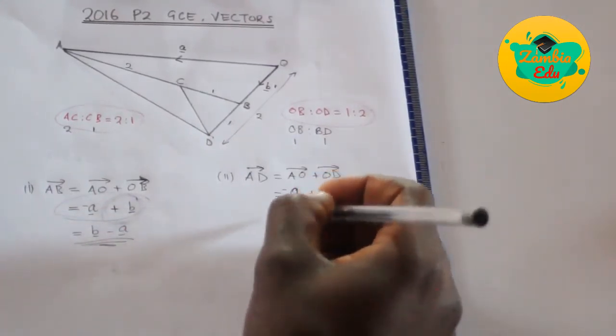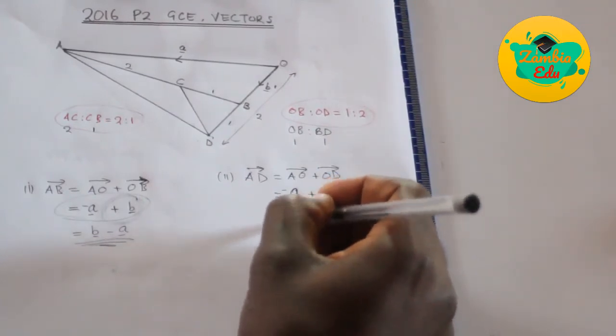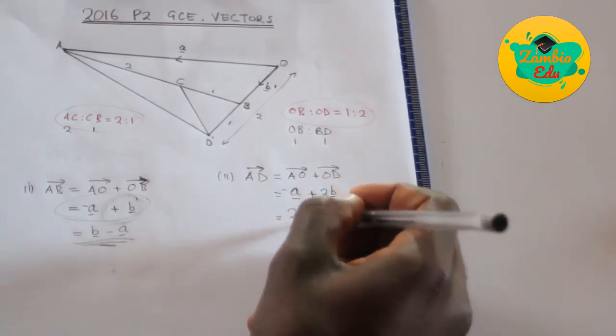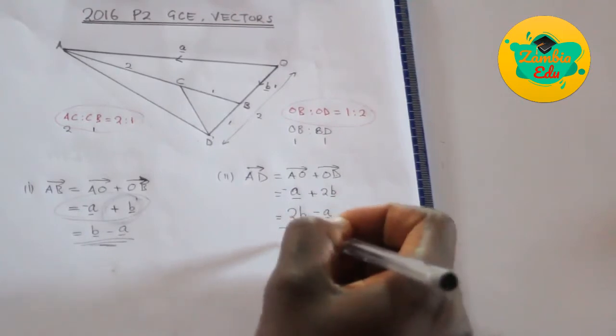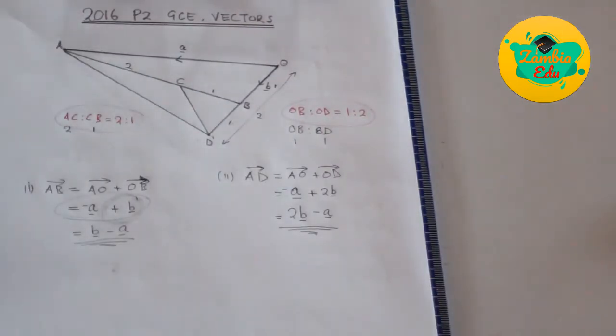Then we leave it as a positive vector. It's going to be 2B minus A. And that is our answer right there.